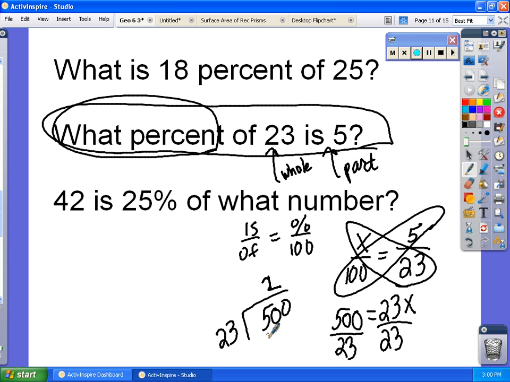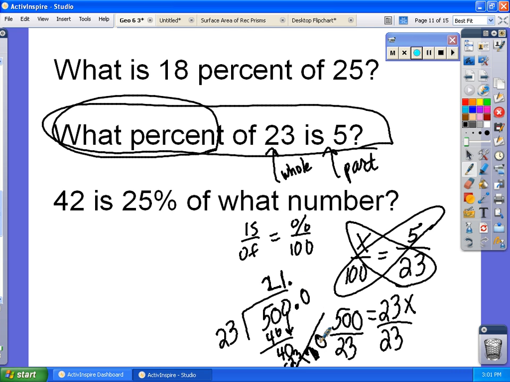23 goes in twice, which is 46. Get a remainder of 4. Bring down my 0. 23 goes into 40 only 1 time. Put a 23 and I subtract, and you get a remainder of 17. There's nothing to bring down, so I'm going to add a 0 and bring down my 0, bring up my point.